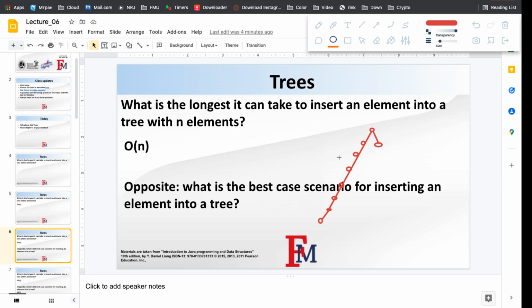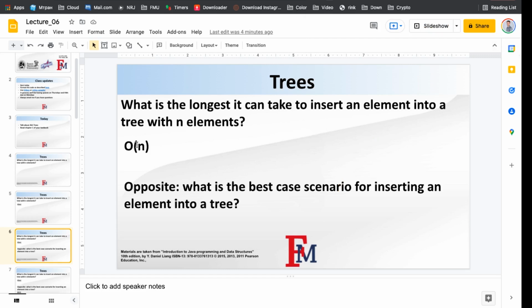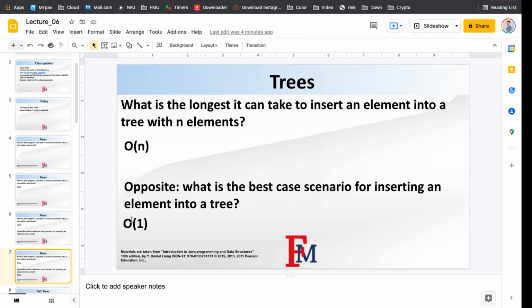No matter how many elements are in the tree, you only pay for one comparison, the new node to the root. In computer science this is called big O of 1. You don't have to think in terms of big O; you can just say n or 1.